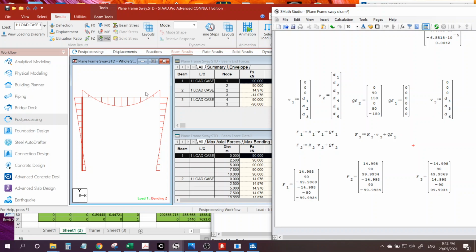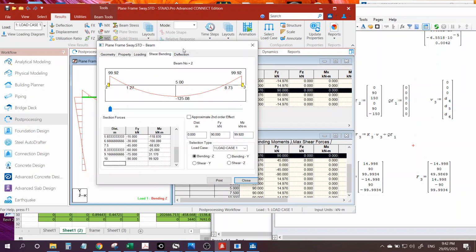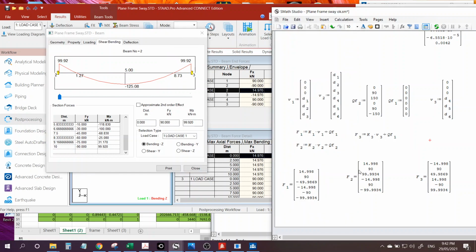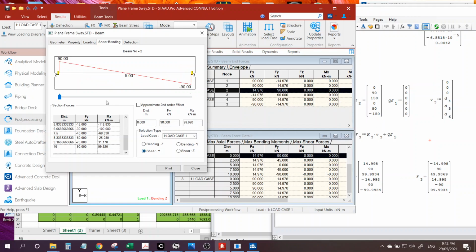Then for member 2, shear and bending, 99.99. For the shear, 90, 90. And for the axial, it's 15.